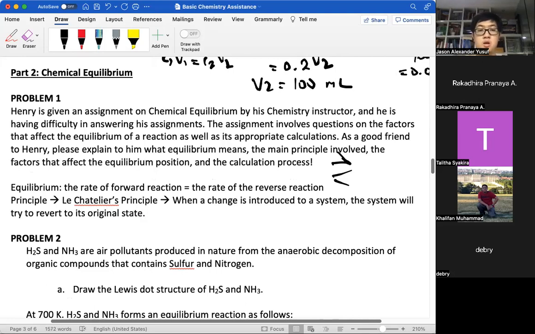So this is basically a simple definition of Le Chatelier's principle. For a more accurate one, you can consult your textbook, or any trustable internet sources.